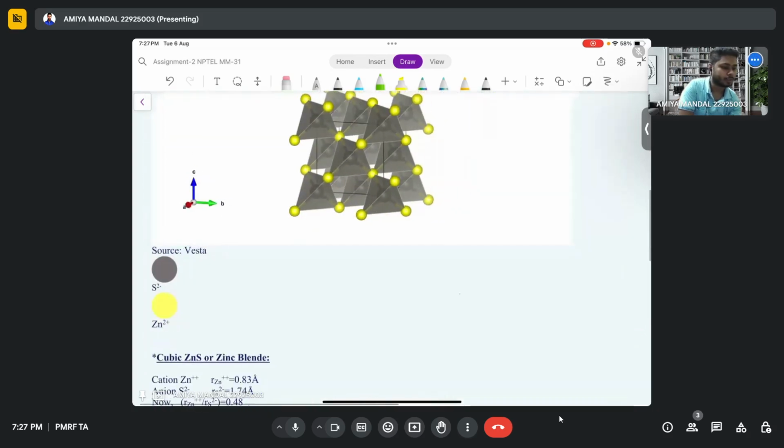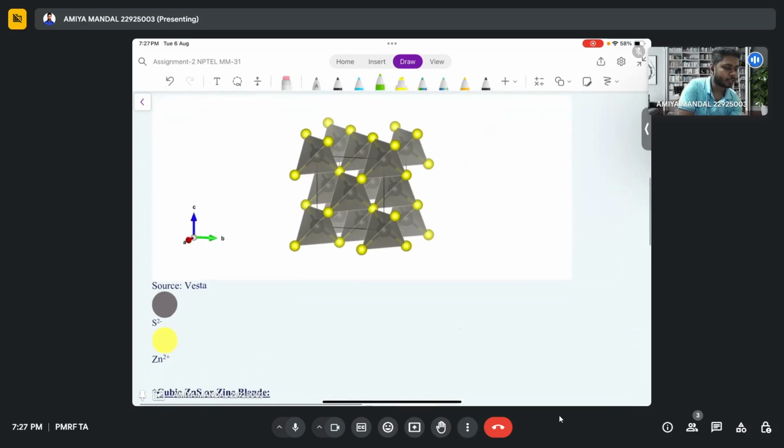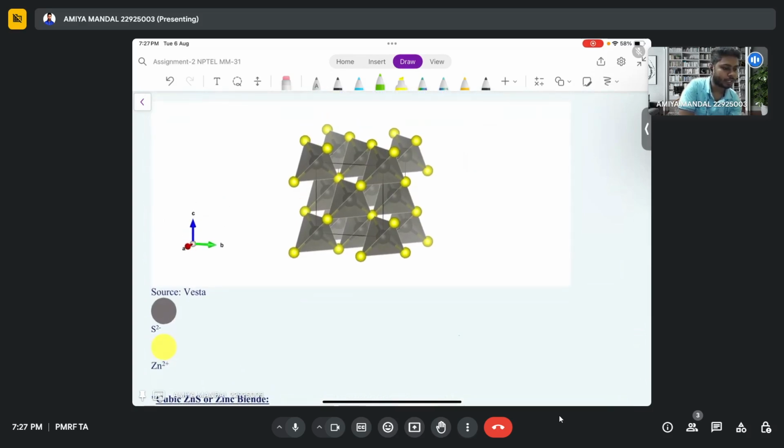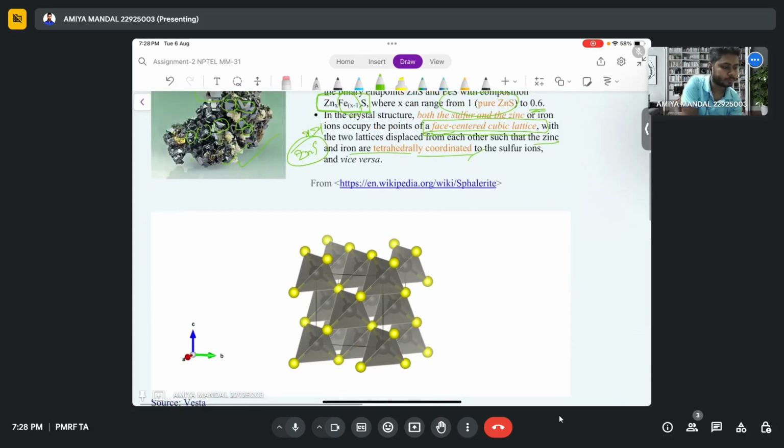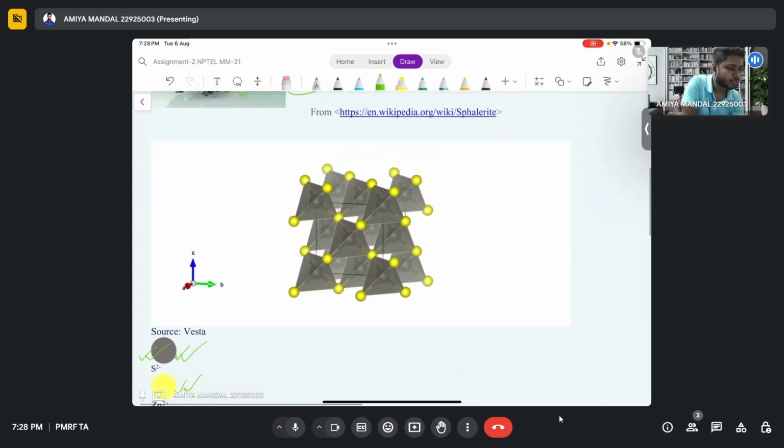I have created a structure of Zn and S. This is zinc, the small cation, and the large anion is sulfide. This is the unit cell.